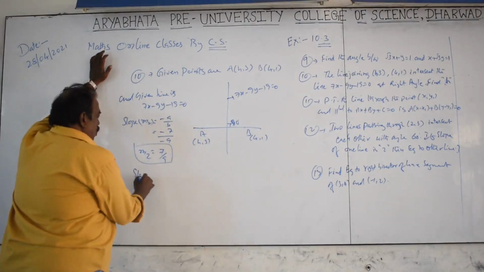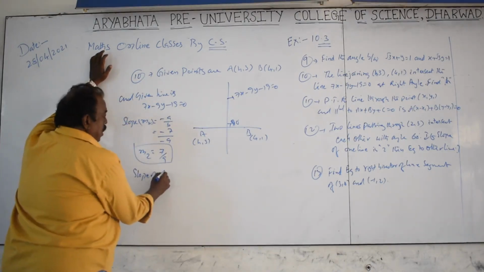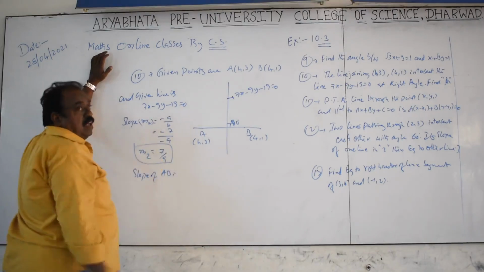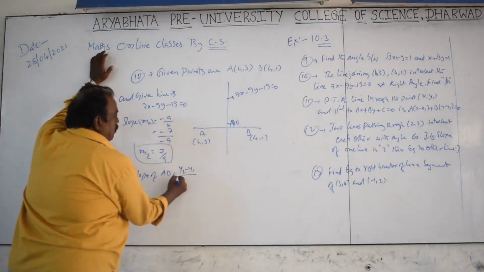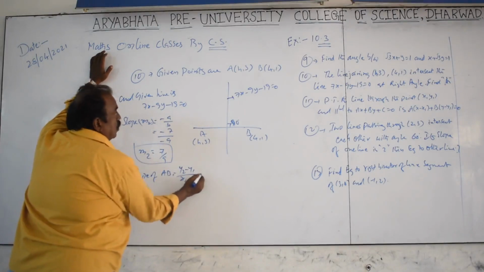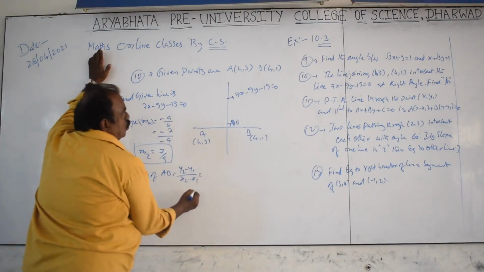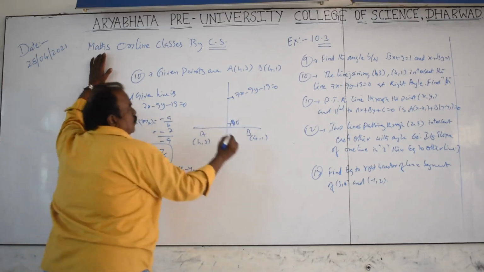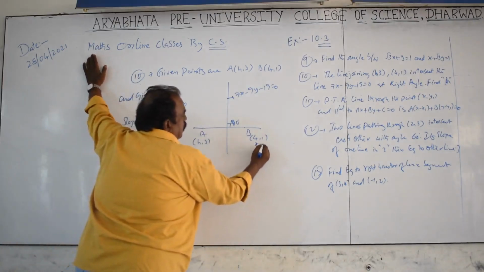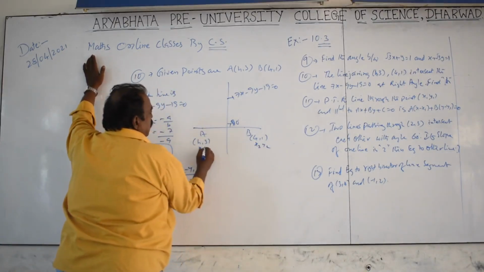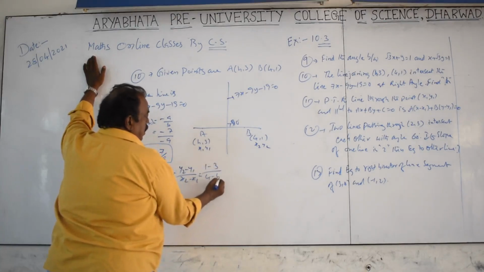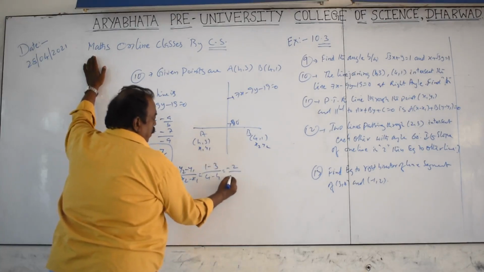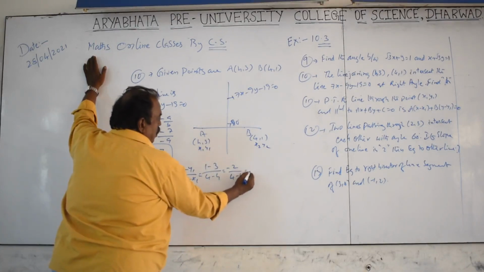Then what about the slope of AB? AB is a line joining the given two points. The slope is y2 minus y1 by x2 minus x1. Here, (x2, y2) and (x1, y1) give 1 minus 3 by 4 minus h, which is minus 2 by 4 minus h.